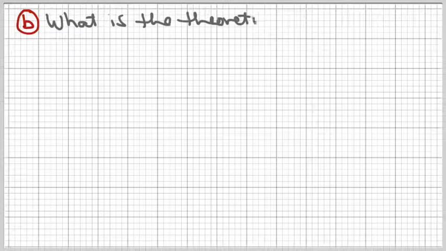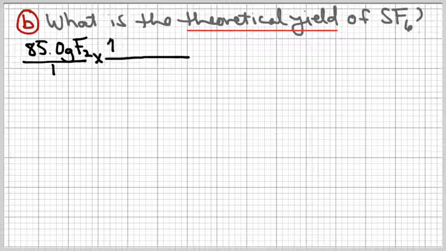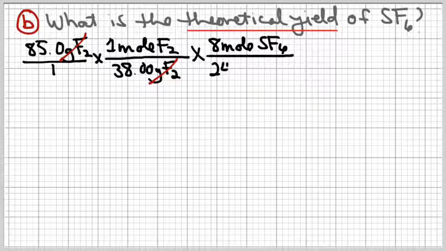Now, knowing that we've got the limiting reagent as fluorine, we're asked to determine the theoretical yield of the SF6. So we're going to use the fluorine to make this determination. Again, we've got to get this to moles, so we'll divide by the molar mass. I look at my balanced chemical equation, and I see that the ratio between product and fluorine was 8 to 24, so I get 1/3 of the number of moles of product as moles of fluorine that reacted.